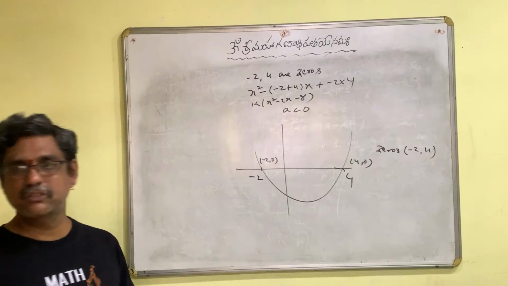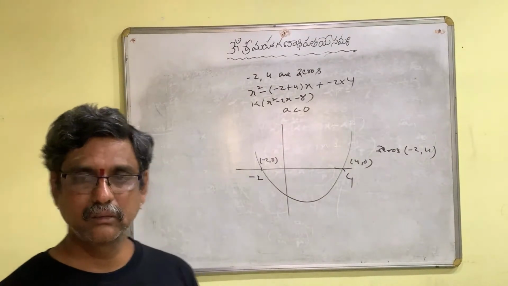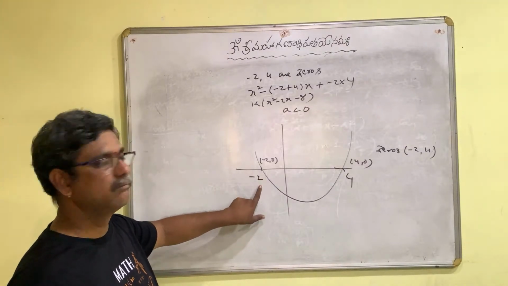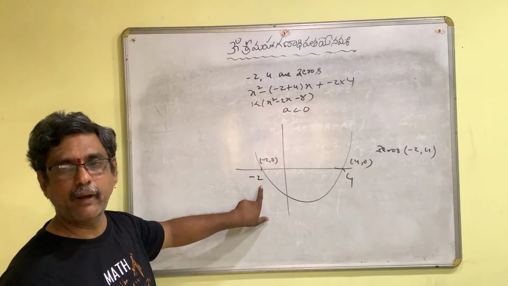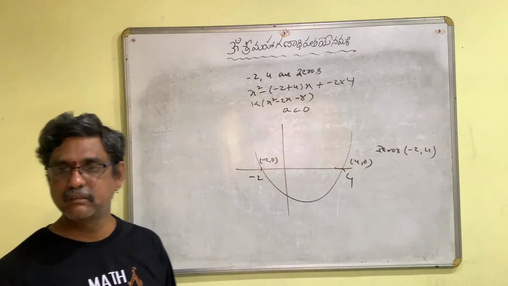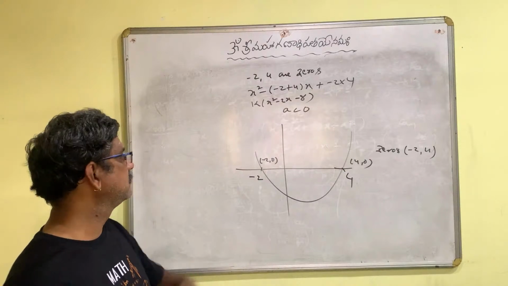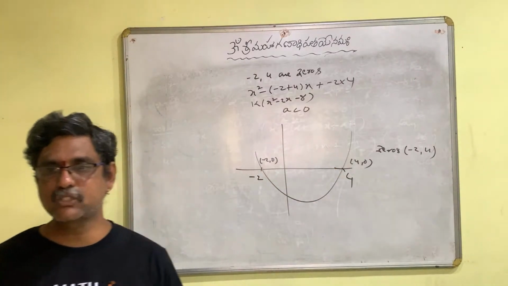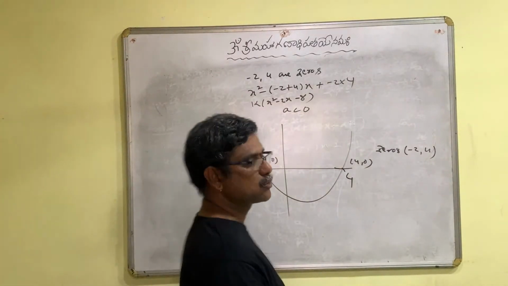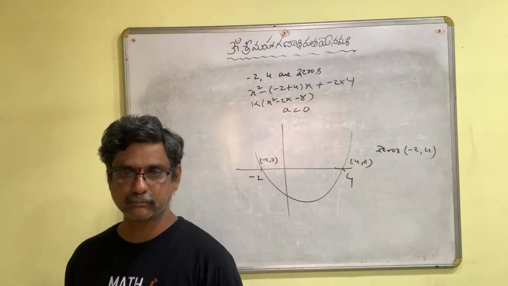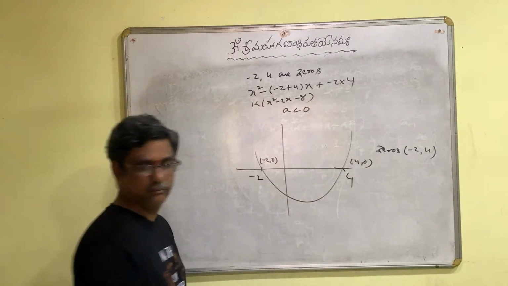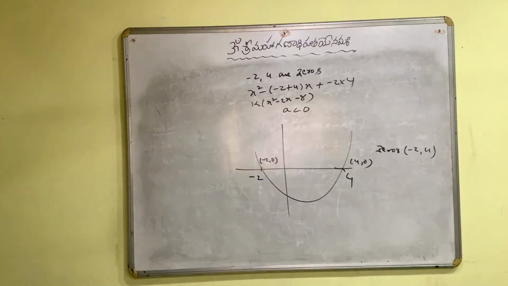As I told you, observe where the parabola touches the x-axis and at how many points it touches. It touches the x-axis at 2 points. And what are the x-coordinates? Minus 2 and 4. So minus 2 and 4 are the zeros. Okay.